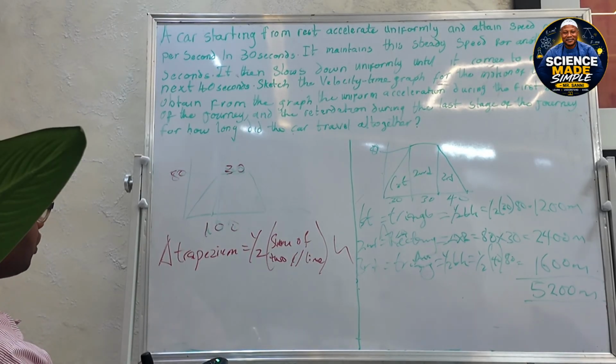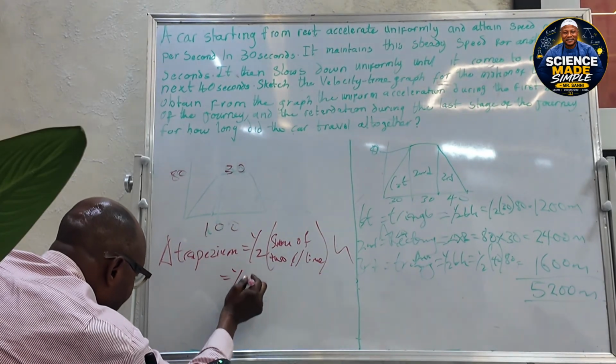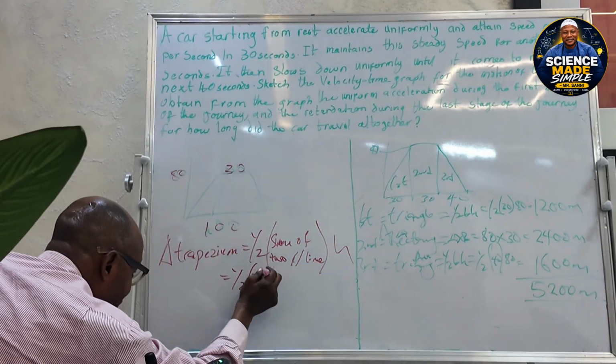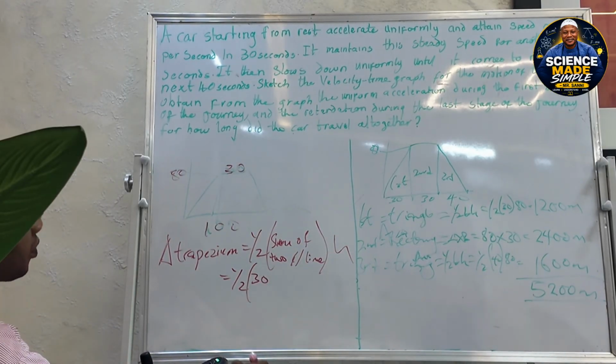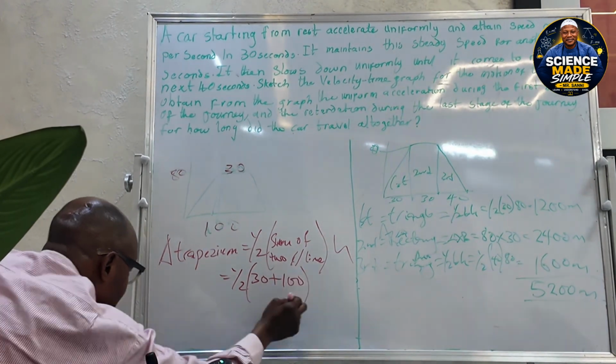The sum of the two parallel lines is 30 plus 100.